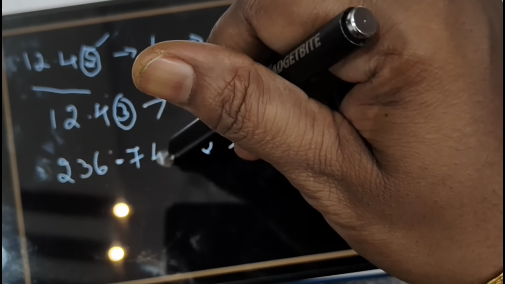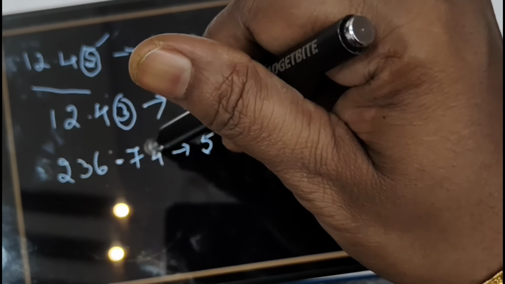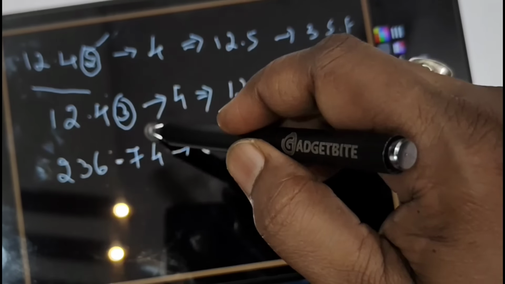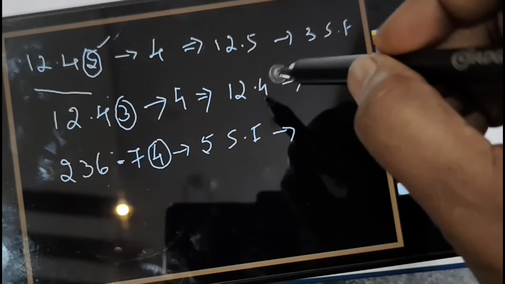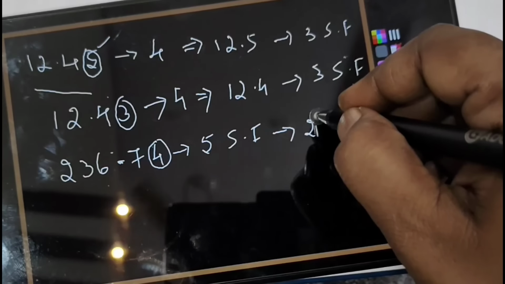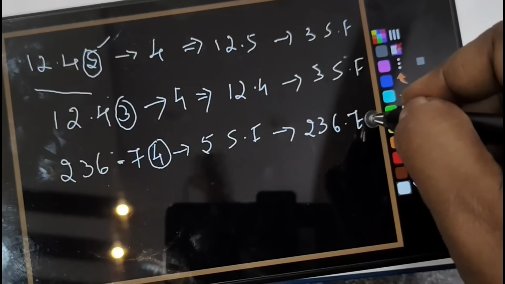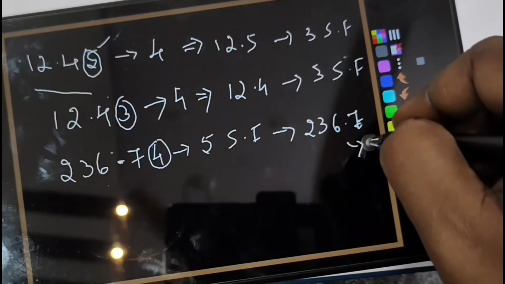As 4 is the last digit and it is lesser than 5, we can omit this 4 and we get up to 4 significant figures, that is 236.7. So it will be 4 significant figures.